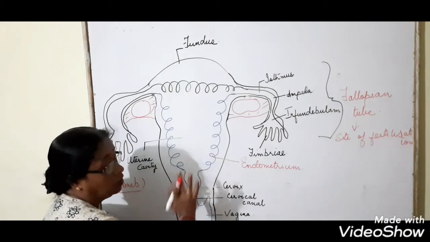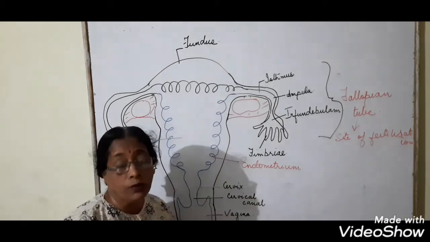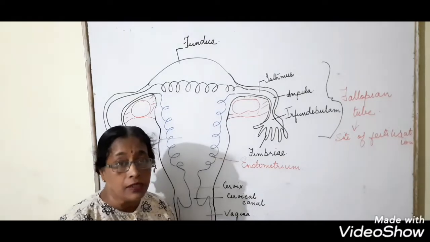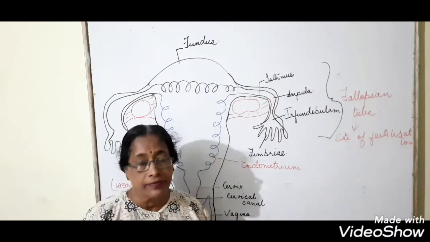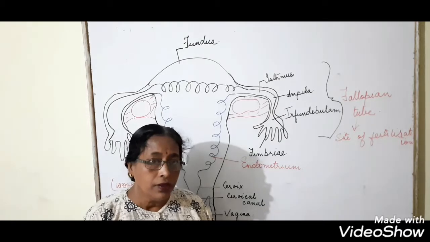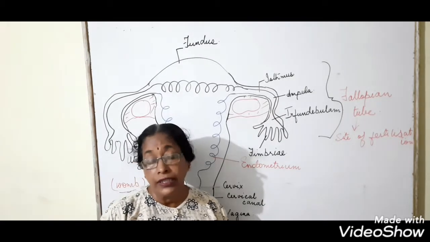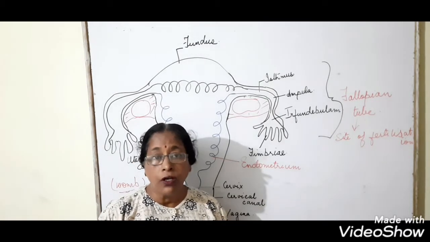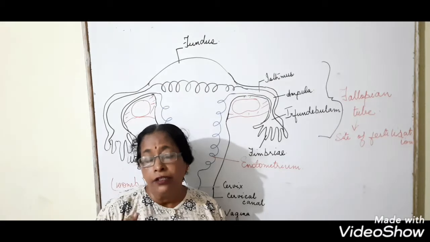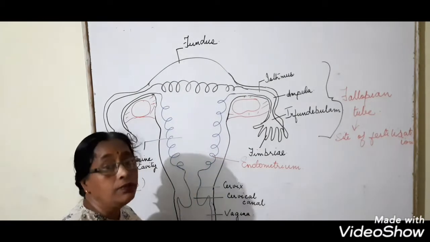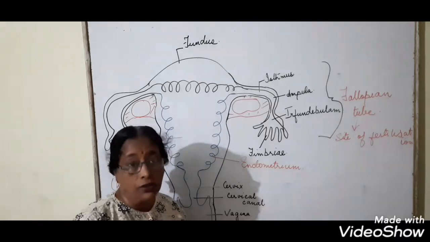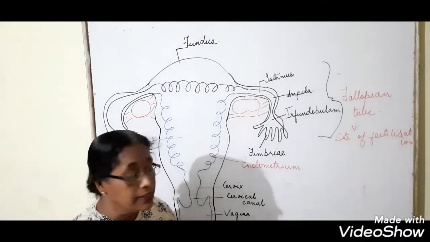The endometrium is made up of connective tissue which has blood vessels and fibroblasts. The endometrium undergoes changes during the menstrual cycle.